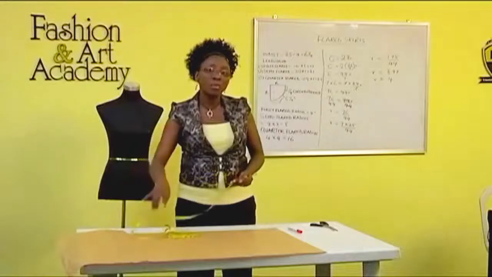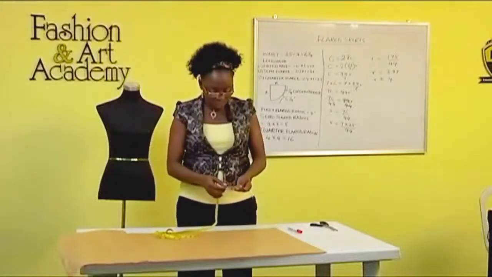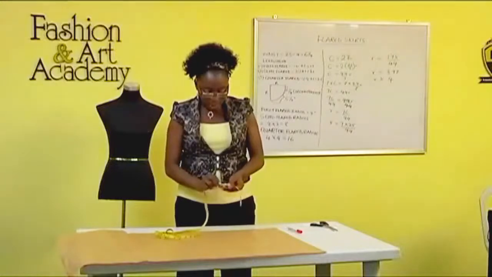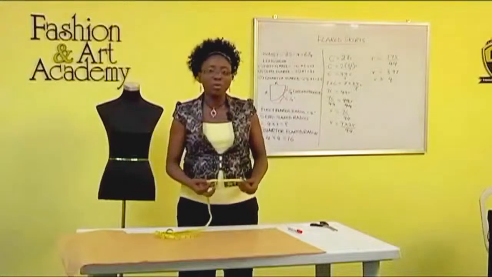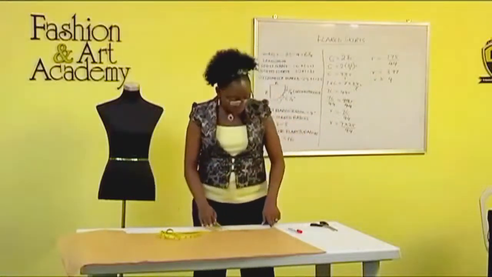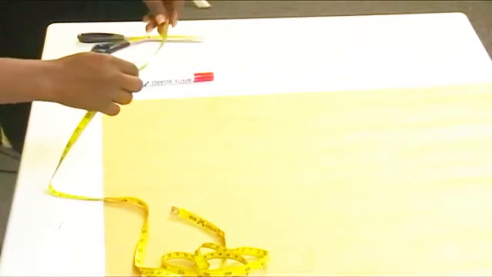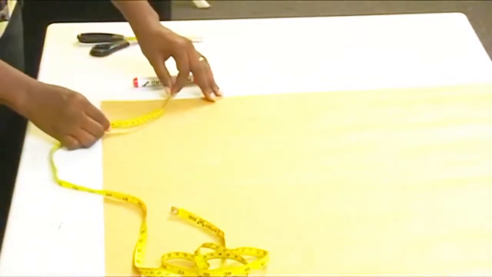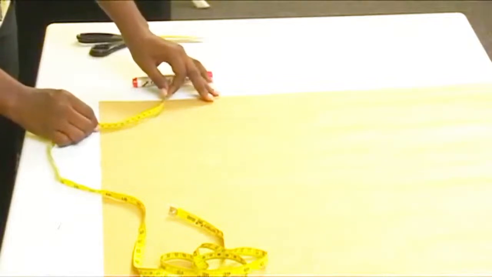Now, because I already know the waist is 25 inches, I have a quarter of the waist, which is 6 1/4. I place my finger on where the 6 1/4 is, and all I do is take it to the edge of my paper. You can see that I have an edge here, a corner here. I'm going to take it and place it on both sides and try to see whether I can get a perfect arc.